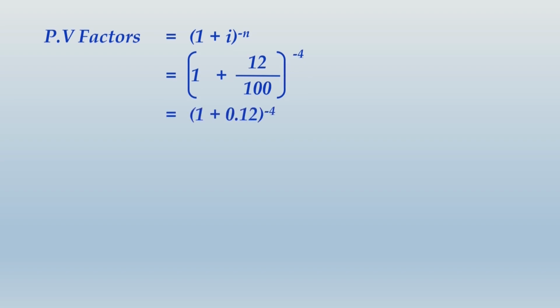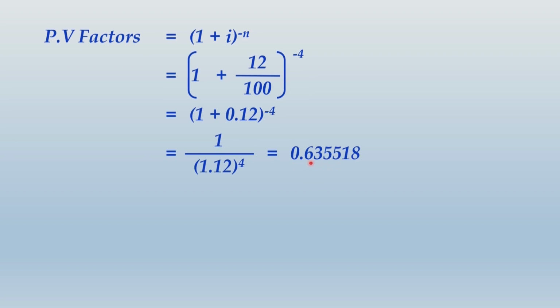So it will be 1 plus 0.12 raised to minus 4. In other words, it will be 1 upon 1.12 raised to 4, and that comes to 0.635518. Now please look at this factor. This is called present value factor because this factor will convert a future value into present value.